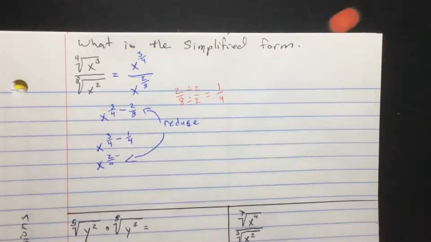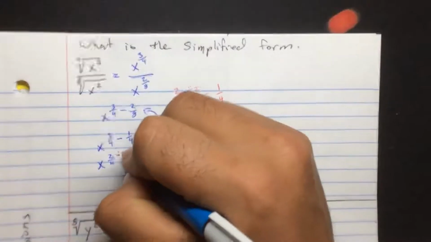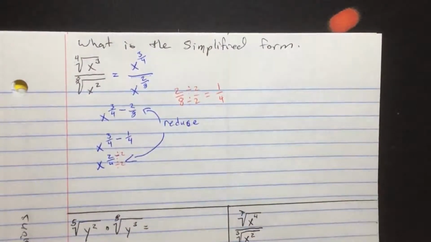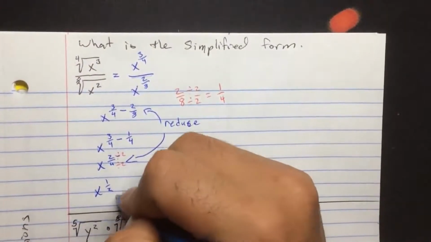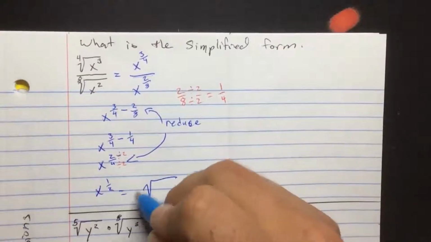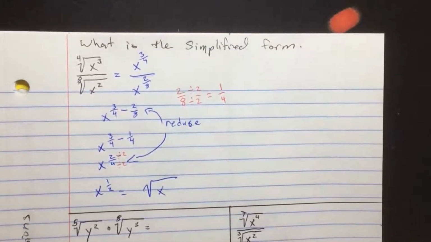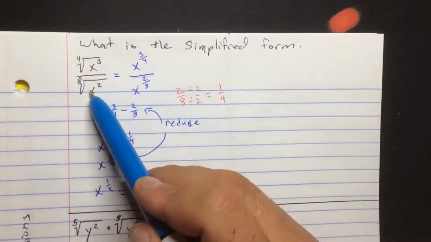Divide by 2 and divide by 2. And we end up getting x to the 1/2 power, which ends up looking like the square root of x.